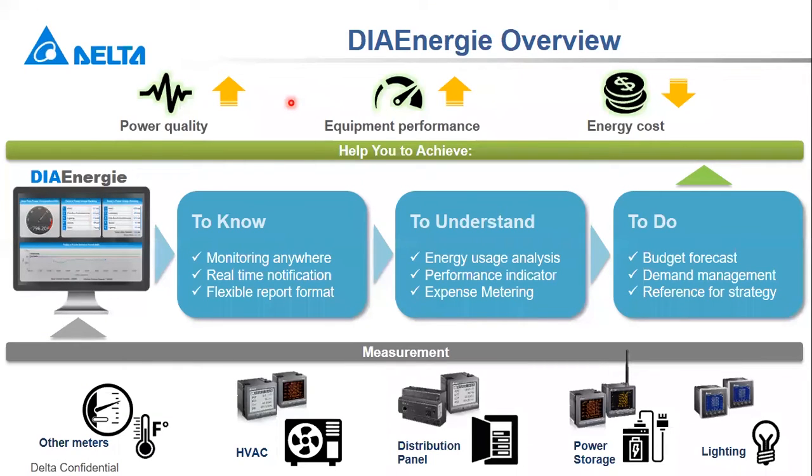So here's the overview for the software. The basic purpose of the software is, first, to improve the power quality, no matter whether it's power factor or harmonics. It's very easy to show from the system than before. We also improve the performance of the equipment, and can help reduce the energy cost.